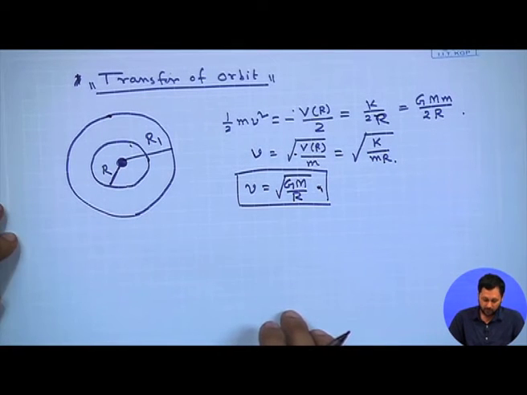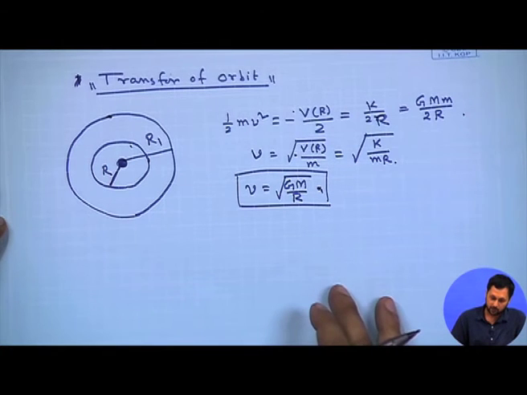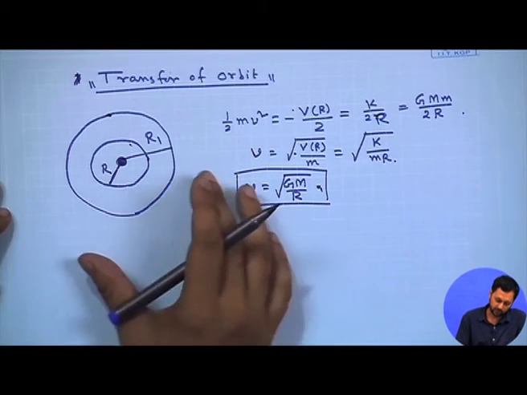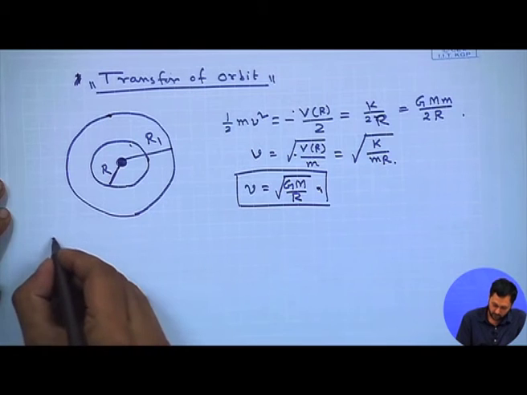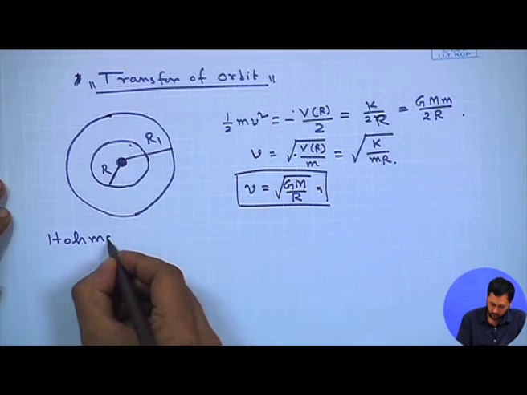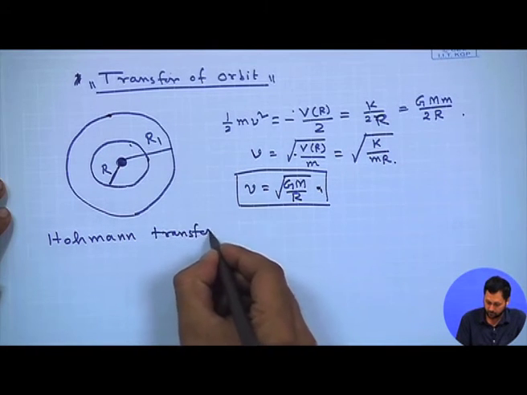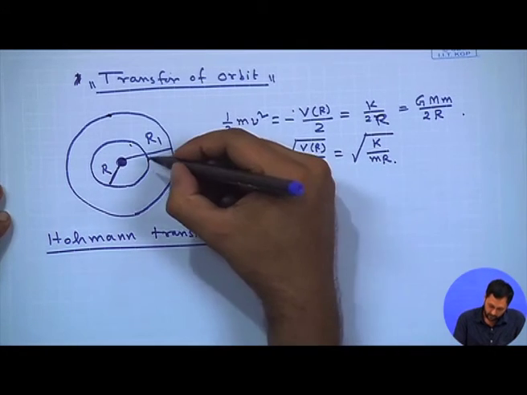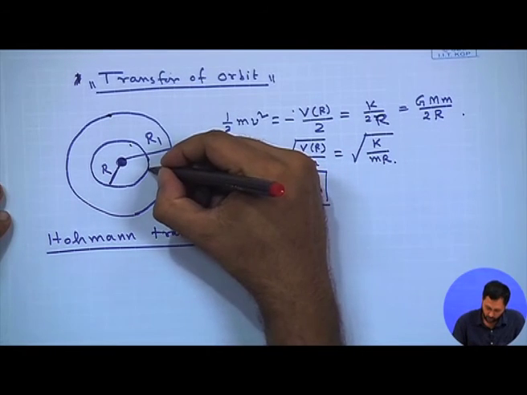Okay. There are of course many ways of doing it, but there is a very special and very common way of doing it, which is called Hohmann transfer. So, what happens in Hohmann transfer is at some point of this orbit a rocket is fired.